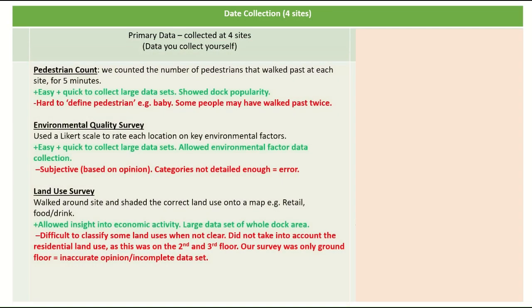Now, the data collection we did at the Albert Dock was different to the data collection we did at the beach. Now, to get the 4 sites that we collected data from, in theory, what I did prior to the investigation was I divided the area into grid squares, and then I chose 4 grid squares at random, and that's what we used as our sites.